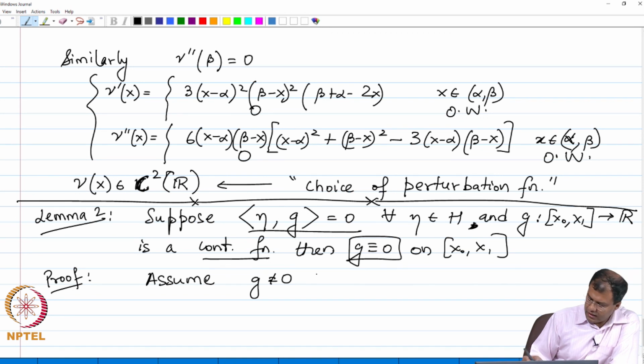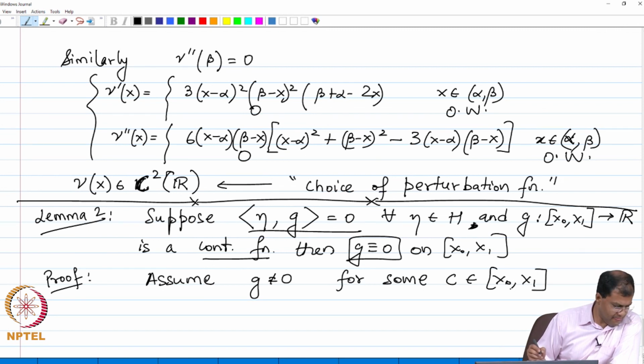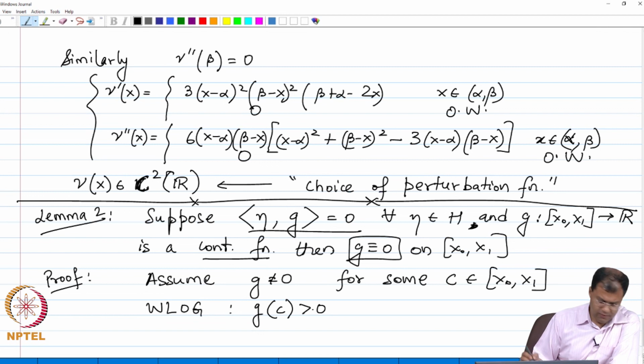So, to do that, let us say that g is non-zero for some point c in the interval x 0 to x 1, and then without loss of generality, let us further assume that g of c is positive, right. We could always assume g of c is negative, it does not matter.